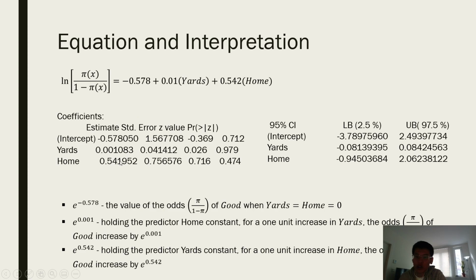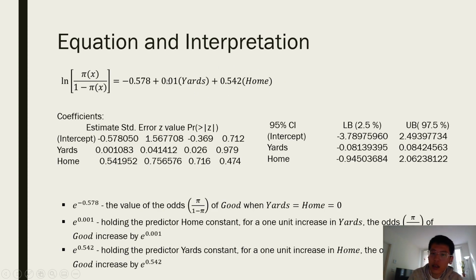You can just plug in the estimates for beta 0, beta 1, beta 2. However, if you interpret those values, for example this negative 0.578, it means the logit value of y when every predictor is set to 0.